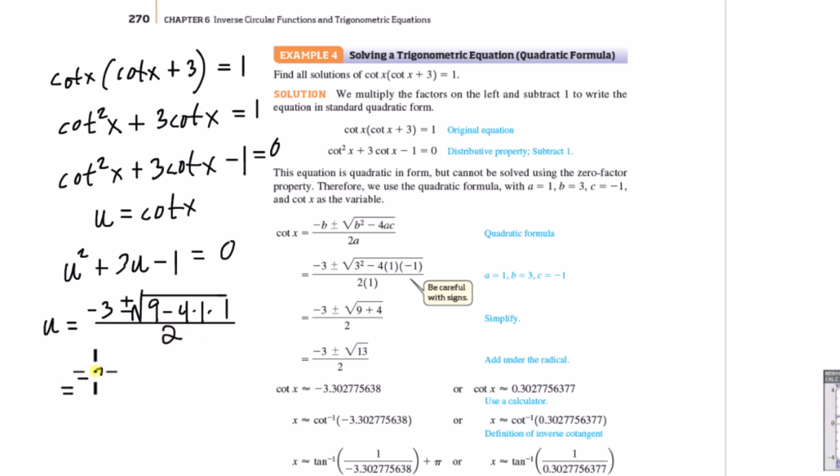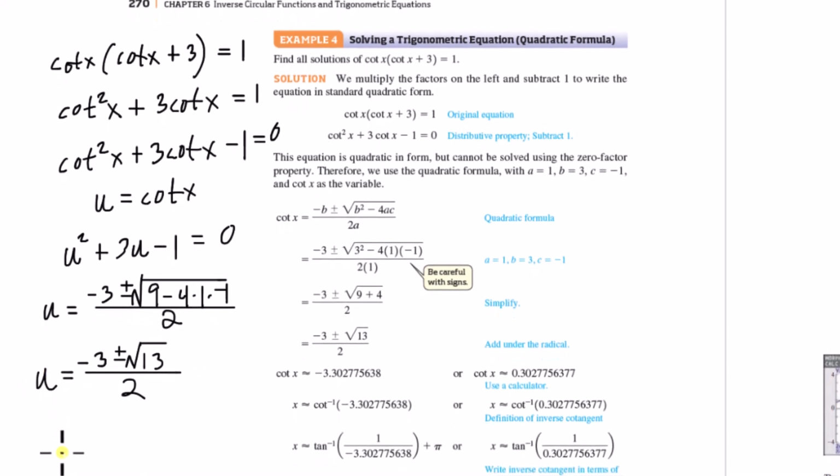So minus 3 plus or minus, okay, no, this was a minus 1 here. So 3 squared is 9, minus 4 times 1 times minus 1. So that's 9 plus 4. Okay, so there you go.